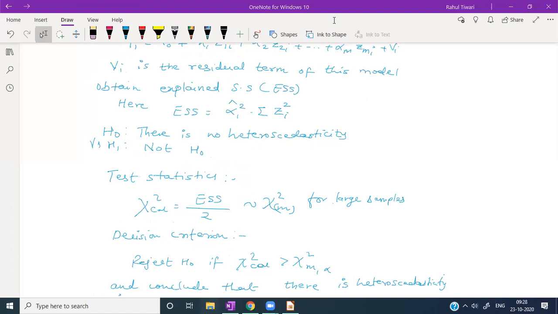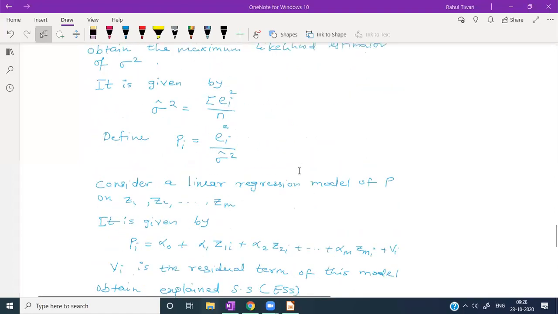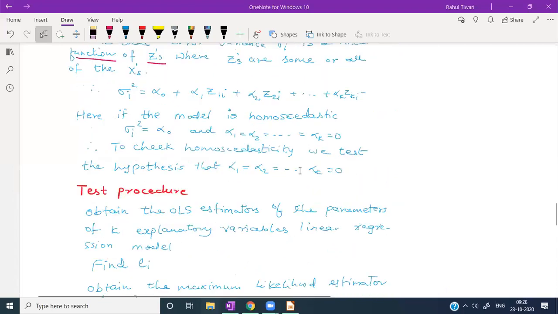Yes, any question? Let me see in the chat box. Why are we considering the error variance as a linear function of z? See, you have to decide whether there may exist some error or not. So we have to assume some function, then only you can find the variance, because that variance can be a linear function of some variables, contributed by your x only, right?